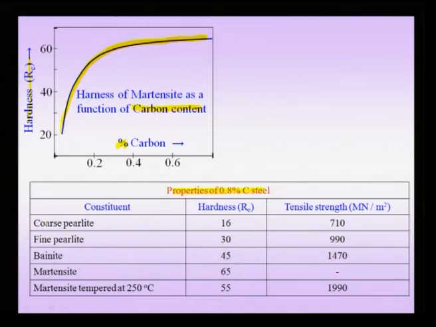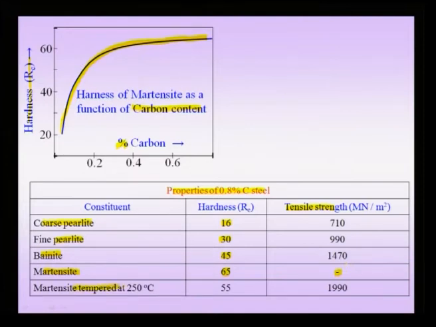Now, coarse pearlite has a hardness of about 16 RC, fine pearlite is even harder, about 30 RC, bainite is even harder, about 45 RC, and martensite is extremely hard, but as I pointed out it is brittle, and therefore it is often difficult to find the tensile strength, as the specimen may break while doing the testing.